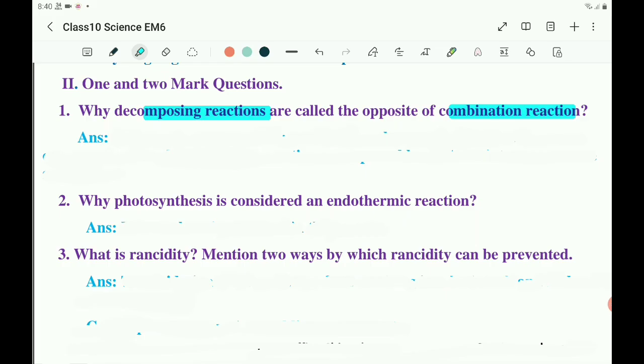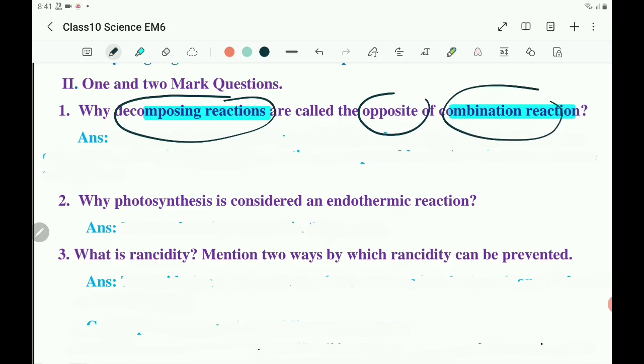So they are opposite of each other. So the decomposition reaction is the opposite of the combination reaction.